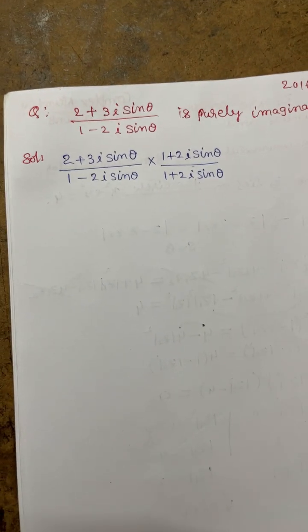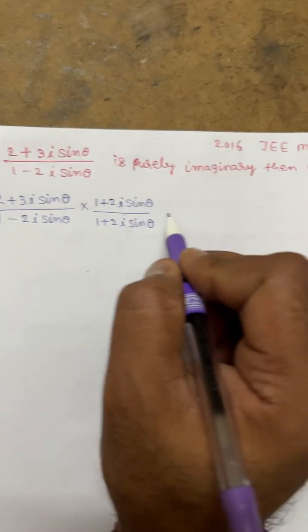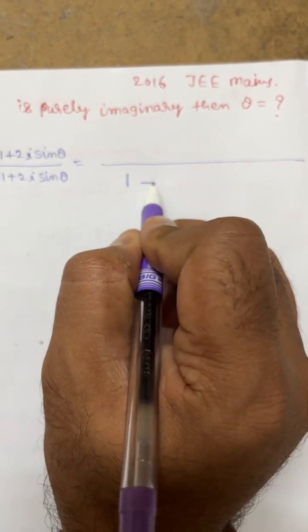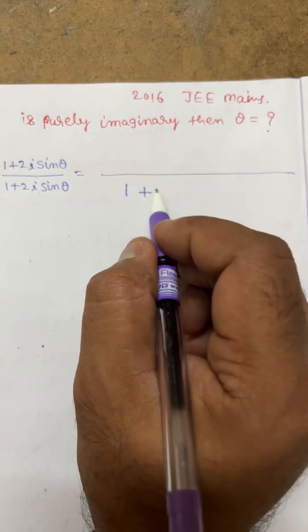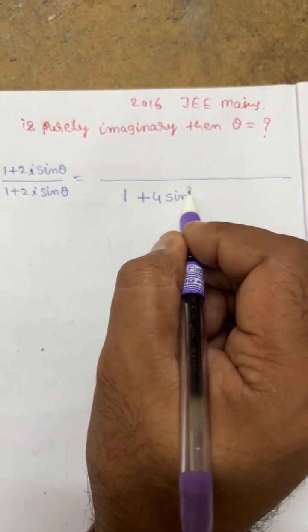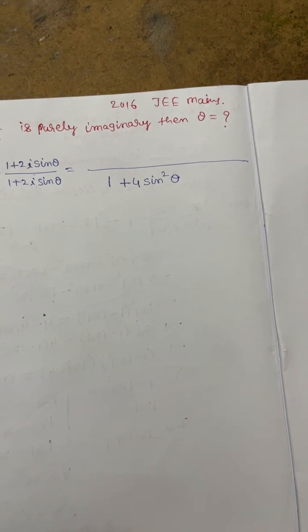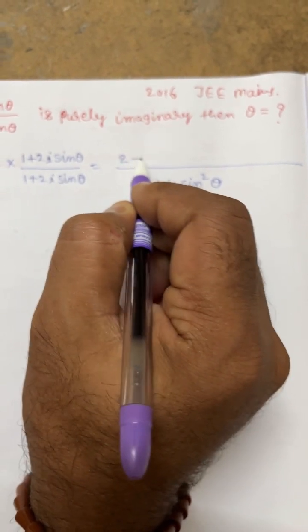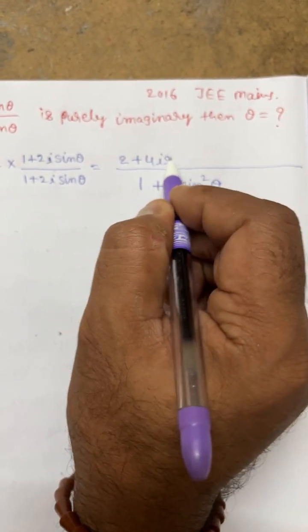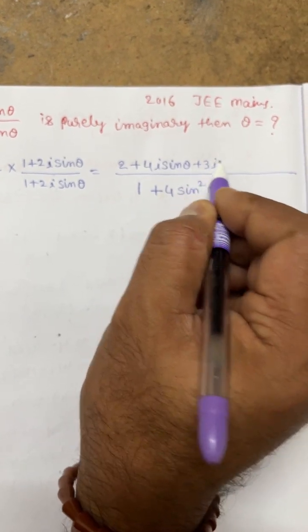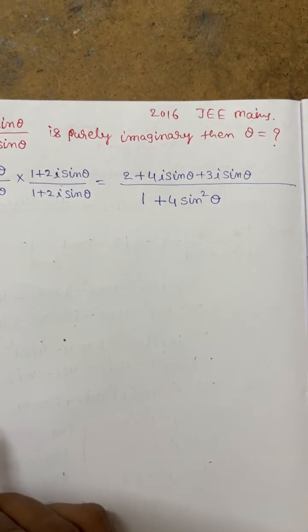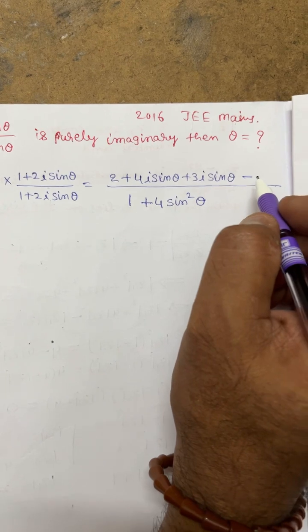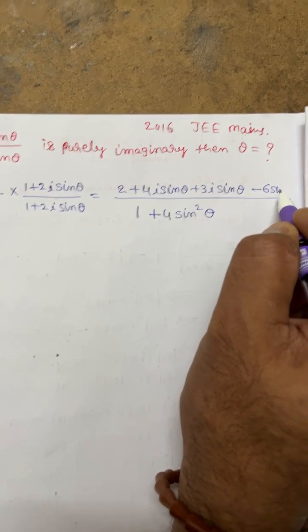In the denominator, a plus b into a minus b is a square minus b square, so since i square is minus 1, it comes as 1 plus 4 sine square theta. In the numerator, we write the actual multiplication: 2 into 1, so 2, plus 2 into 2i sine theta which is 4i sine theta, plus 3i sine theta, plus 3i into 2i sine square theta, where i square is minus 1, so minus 6 sine square theta.